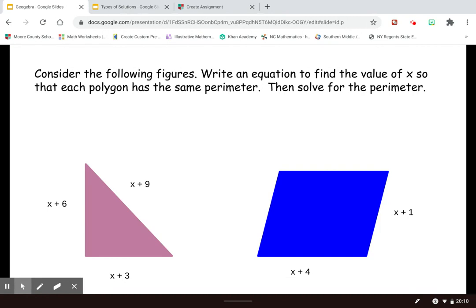So if you need to, go ahead and pause the video and reproduce these two figures in your notebook. It says consider the following figures. Write an equation to find the value of x so that each polygon has the same perimeter. Then solve for the perimeter. Take a moment and reproduce these in your notebook, and then we will go ahead and continue.